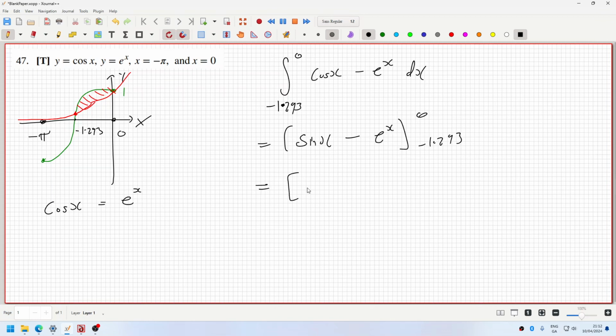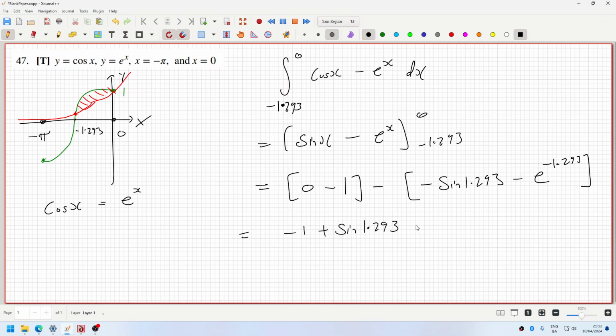So that would be sine 0 minus e^0, and then sine 1.293 minus e to the power minus 1.293. So that's -1 plus sine 1.293 minus minus, so that's plus e to the power minus 1.293.